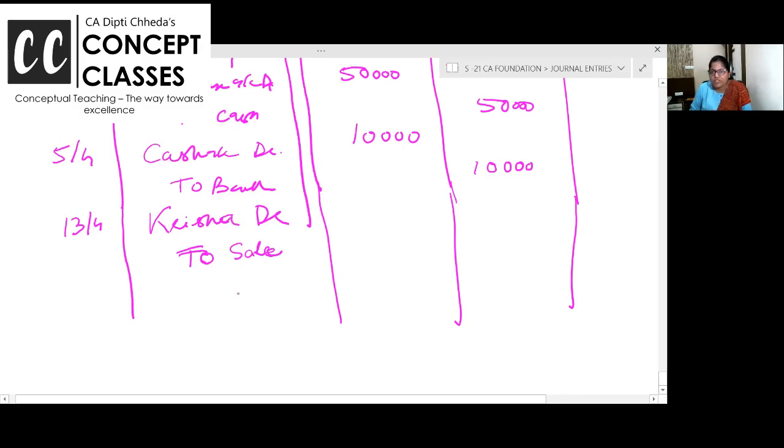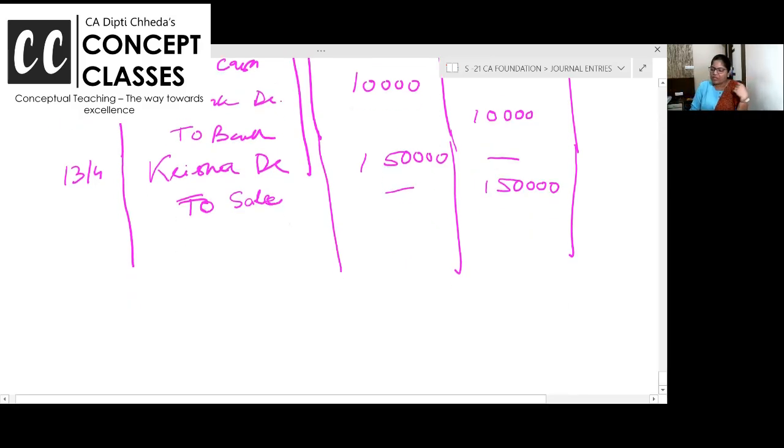Krishna account debit to sales. Why is Krishna debited? Because he is the receiver. 1,50,000. And sales is credited because it's a real account, sale stock is going out. Or sale is income, so credit all incomes, debit all expenses. So Krishna to sales. 13th April. 20th of April.